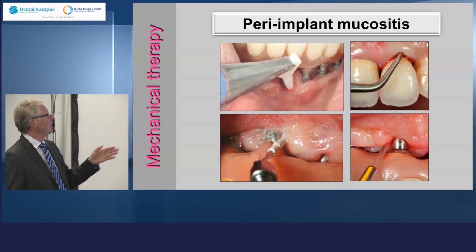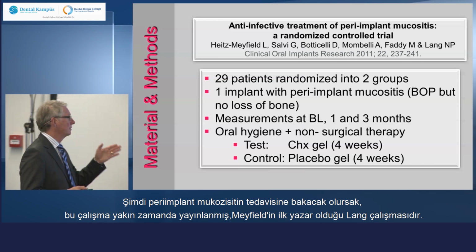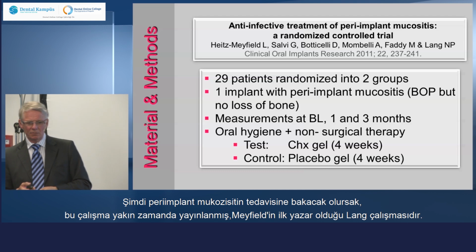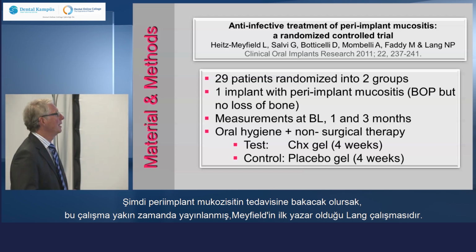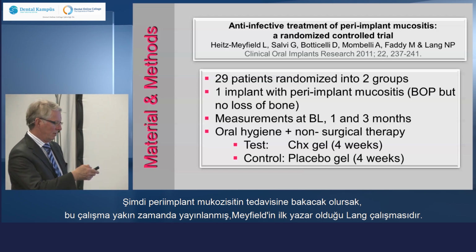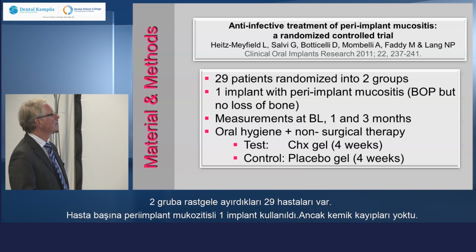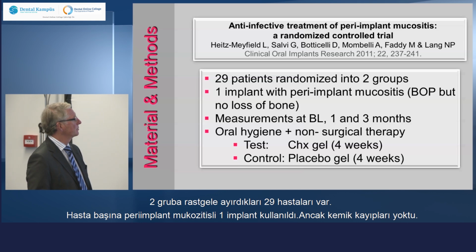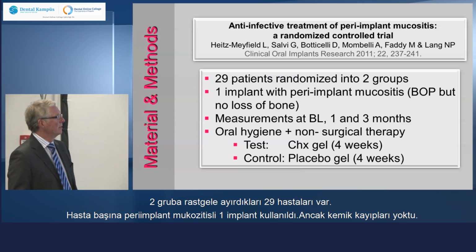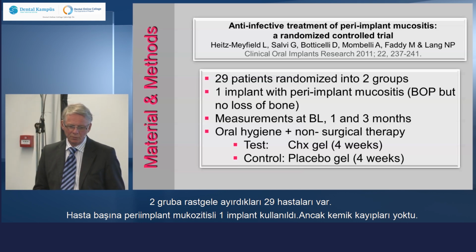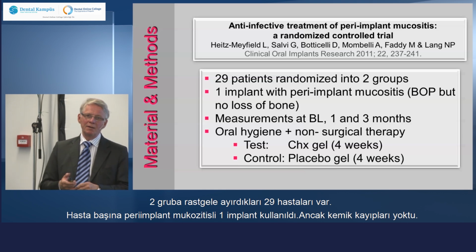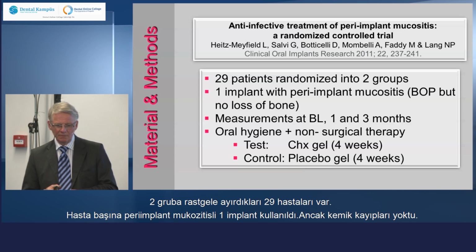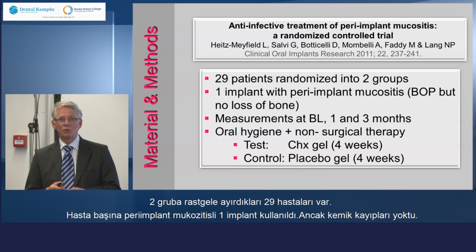But if we look now at treatment of periimplant mucositis. That was a recent publication by the group of Klaus Lang with Lisa Mayfield as first author. They had 29 patients whom they randomized into two groups, and they used one implant per patient with periimplant mucositis, but no loss of bone.